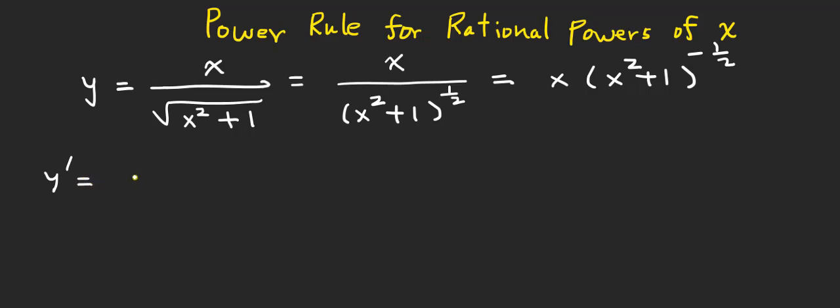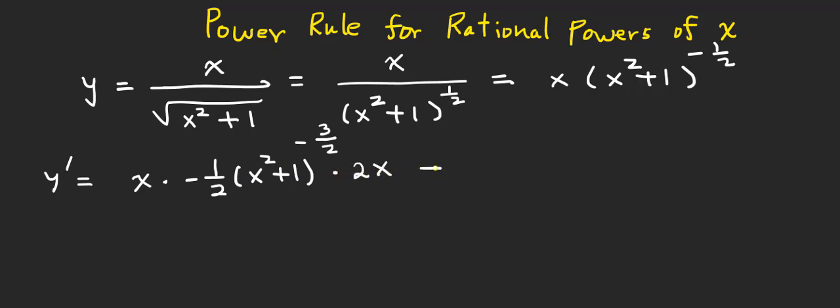So it's going to be x times the derivative of this, which is negative 1 over 2 times the quantity x squared plus 1 to the negative 3 over 2. Now I'm not done because I have to use the chain rule. Take the derivative of the inside, so you get 2x.